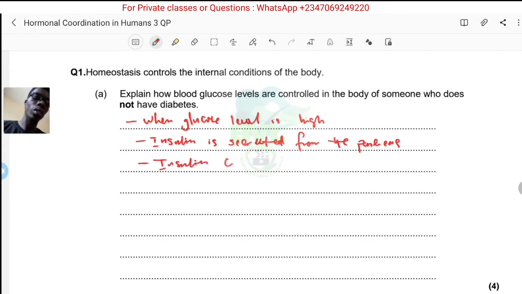Insulin converts excess glucose into glycogen.